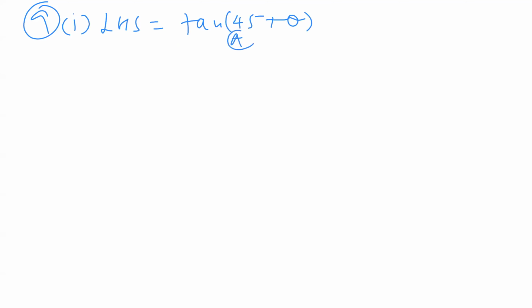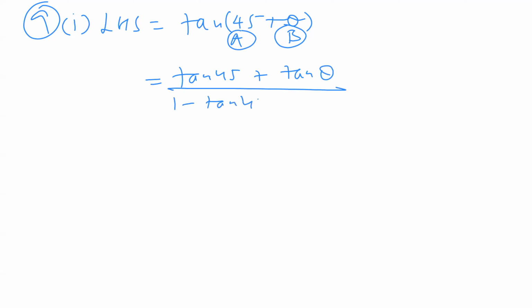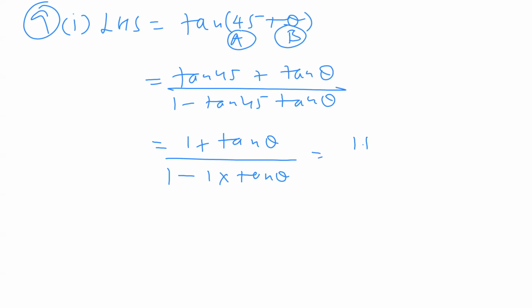So this is A and this is B. So this is equal to tan 45 plus tan theta upon 1 minus tan 45 tan theta, tan A plus tan B upon 1 minus tan A tan B. So 1 plus tan theta upon 1 minus tan theta, you can write the formula or property whatever you're applying in the test or in the exam. That is equal to your RHS. Fine.